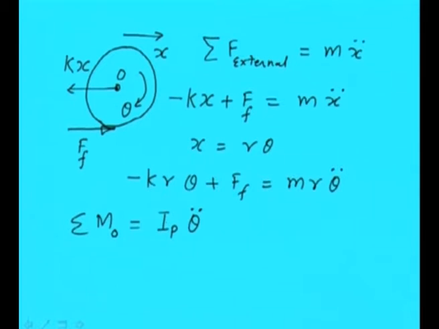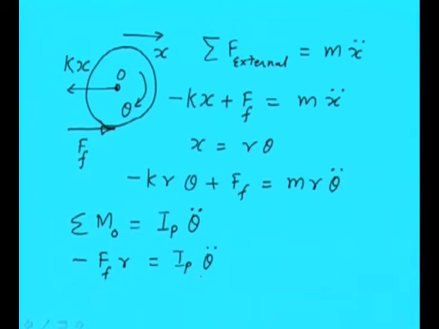So you can see that when we are taking moment about the center, the spring force will not give any moment, but the friction force will give a moment, and that is the only external moment, and that acts opposite to the theta direction. So this moment which is coming from the friction will be negative, and that is the only external moment acting on the cylinder.